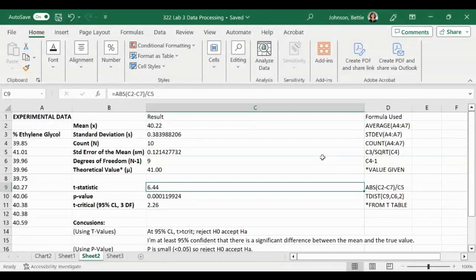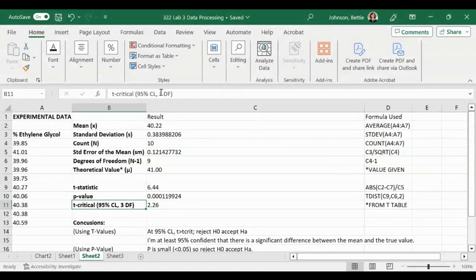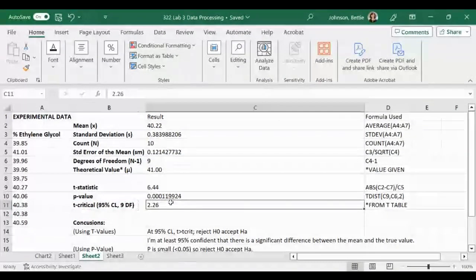And so there is my t-statistic. I can then look on the t-table to get the t-critical value. It turns out that for 9 degrees of freedom, not 3, 9 degrees of freedom, and at a 95% confidence level, the critical t-value from the table is 2.26.